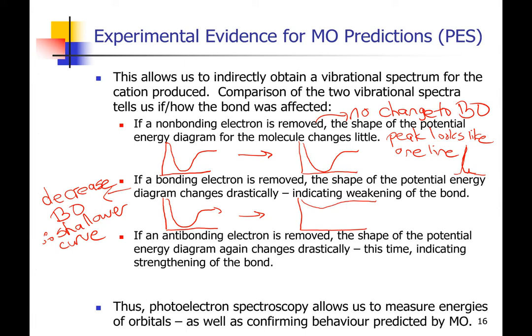And the vibrational energy levels in this higher up curve that I've gone to are very closely spaced. They're very close in energy, small energy gaps. And so that means that my peak on my photoelectron spectrum is going to look like a series of very closely spaced lines.